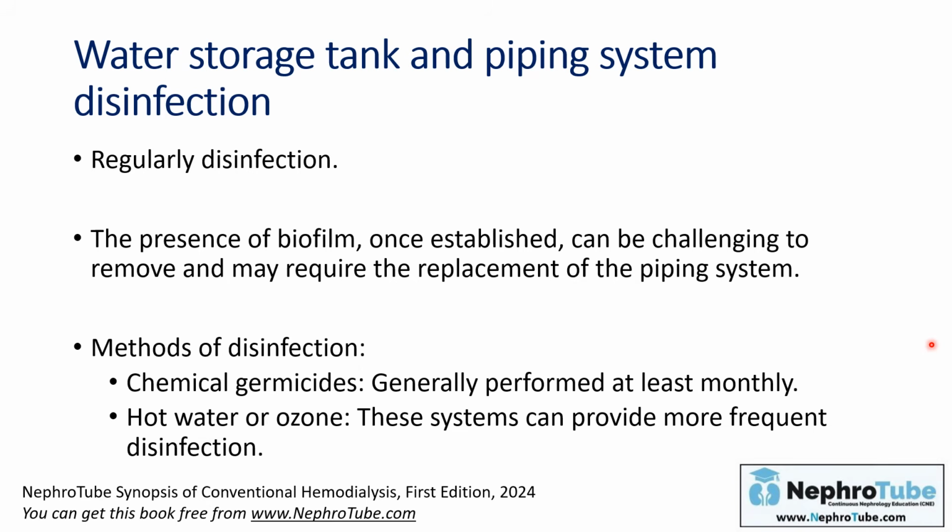Different methods of disinfection are available, such as the chemical method or hot water or ozone. The chemical method can be done at least monthly, and this is very common in Egypt. But hot water or ozone systems provide more frequent disinfection.